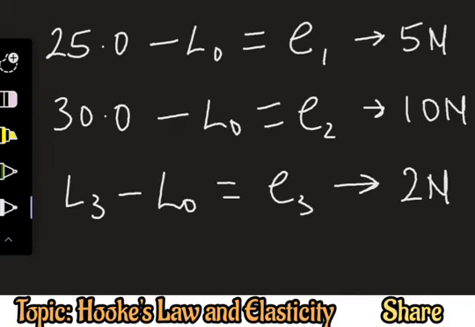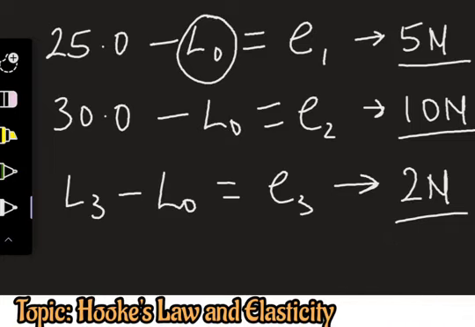So we have therefore written expressions for the 3 extensions that resulted from the 5 Newton force, 10 Newton force, and then the 2 Newton force. And like I said before, we are making reference to the original length because we cannot find the extension in a material unless we make reference to the original length of that material. That's the only way we can know the extension as a result of a force.